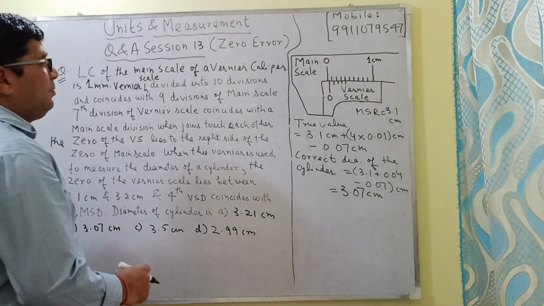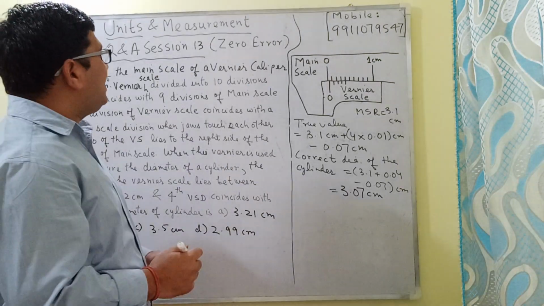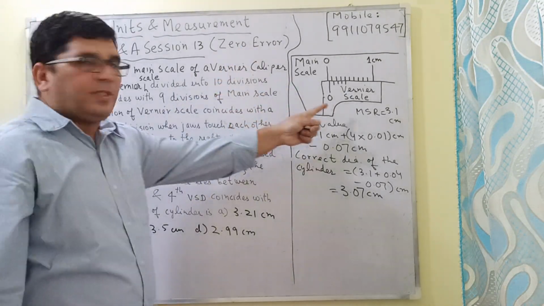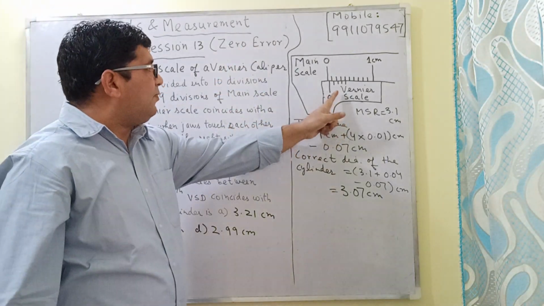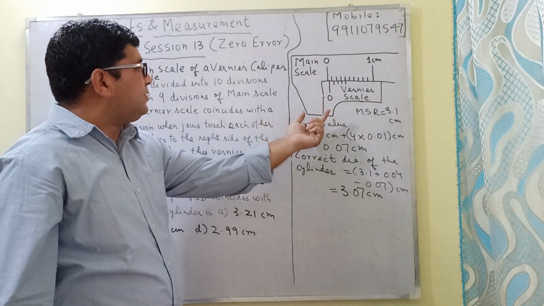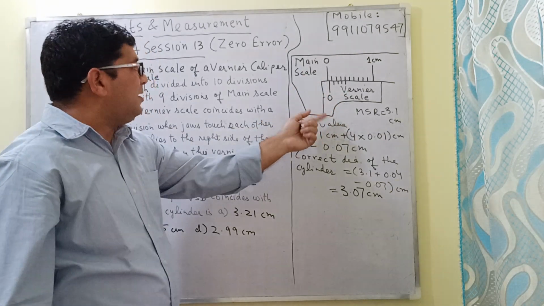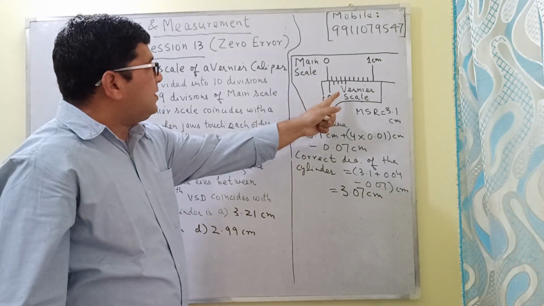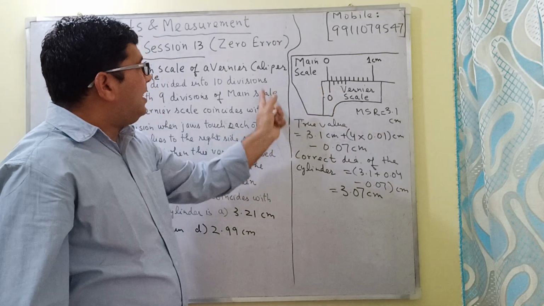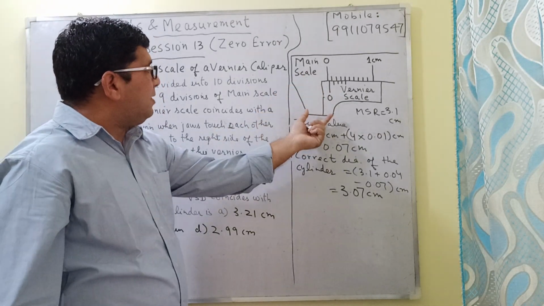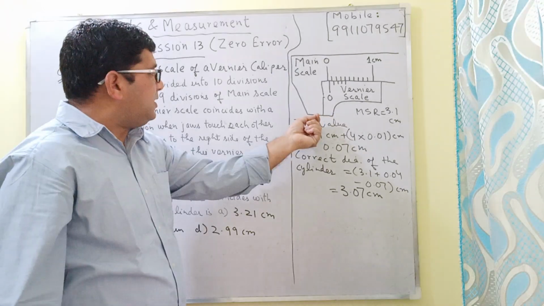So in this question, the most important thing which you have to understand is that the zero error is positive when the zero of the vernier scale is on the right side of the zero of the main scale when the two jaws are in contact with each other, and similarly the zero error is negative when the zero of the vernier scale is on the left side of the zero of the main scale when both the jaws are in contact with each other.